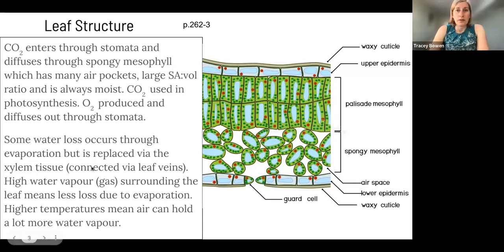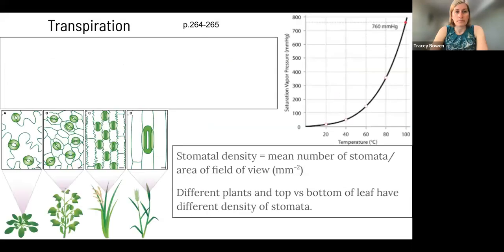Two factors that can play a role in water loss would be high water vapor. So if it's really humid surrounding the leaf, that means they're going to lose less water due to evaporation. And if it's higher temperatures, that means that the air itself can just hold more water vapor. So it could mean, without humidity, that more water is lost.